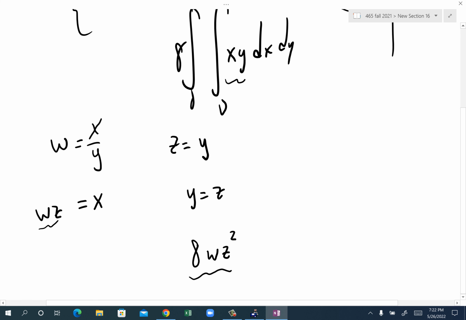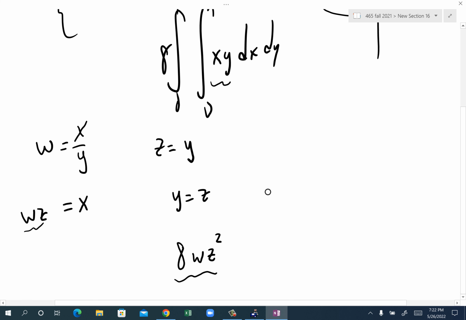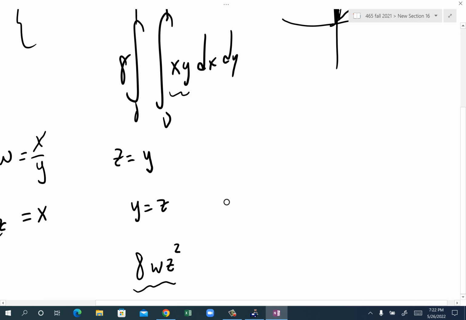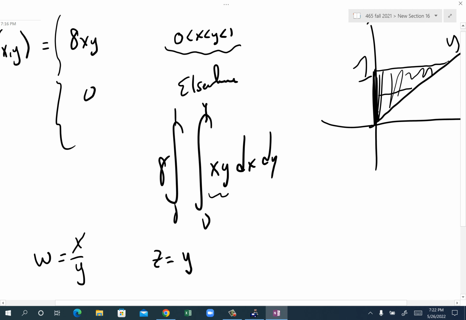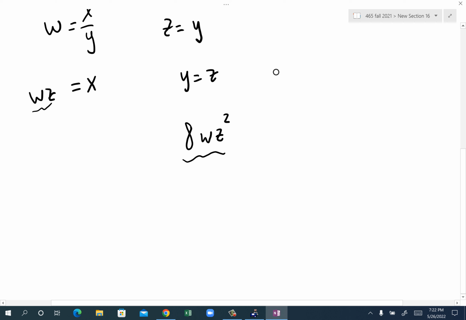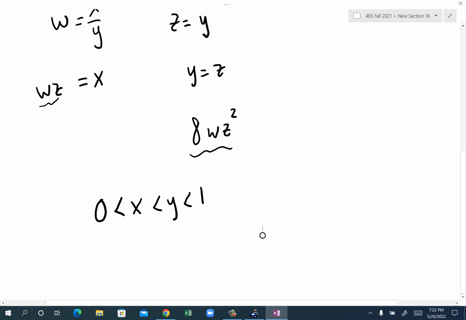That's different. It's not going to be the same. Limits as before. So we said that 0 is less than x, is less than y, is less than 1. All right, so now we know that we can just drop the z in here, so that's cool. This is wz.